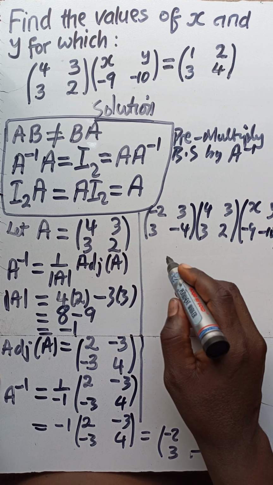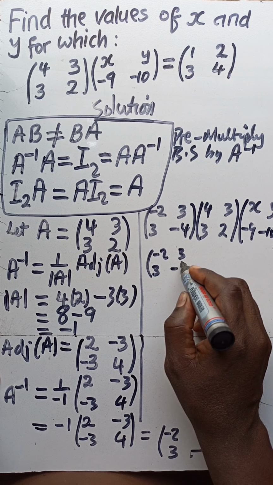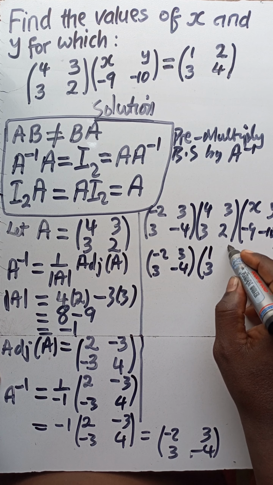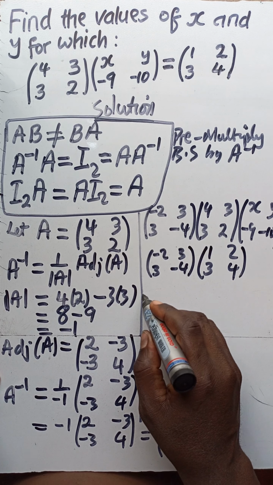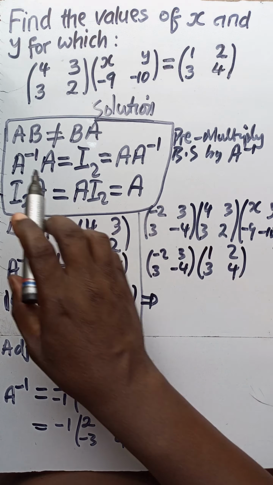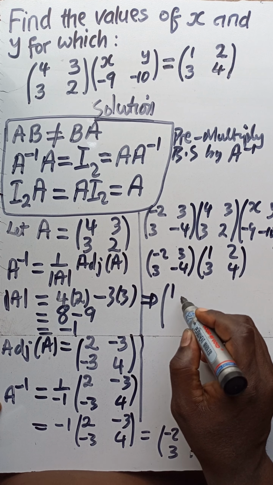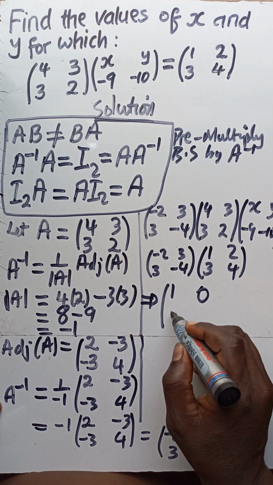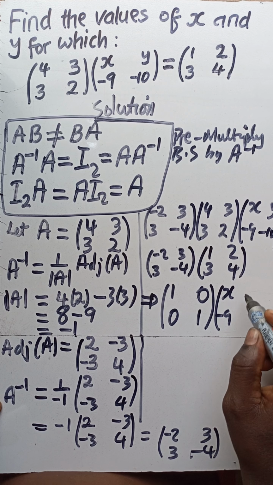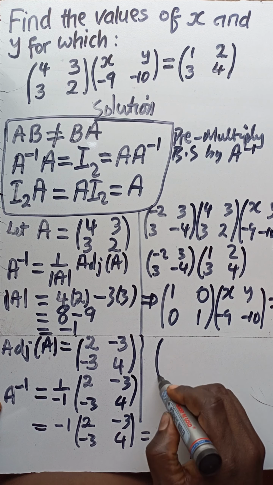That is equal to the right hand side, which we also pre-multiply. So we obtain the inverse of a matrix multiplied by the matrix, which is simply the identity matrix, and the identity 2 by 2 matrix is [1, 0; 0, 1], multiplied by [x, -9; y, -10]. That should give us this other product.